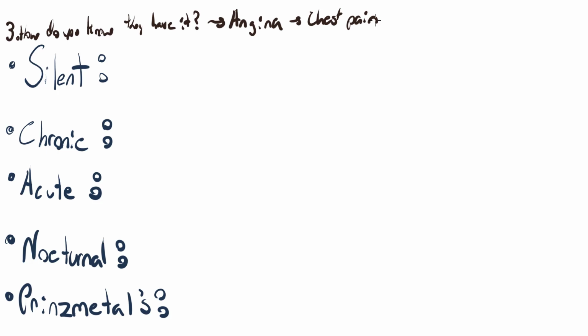There are different types of angina that indicate different levels of acuity or etiological causes, okay? Silent angina or silent ischemia has no symptoms. Easy peasy, good to start. Why is it important? Because it's most common in diabetic patients.